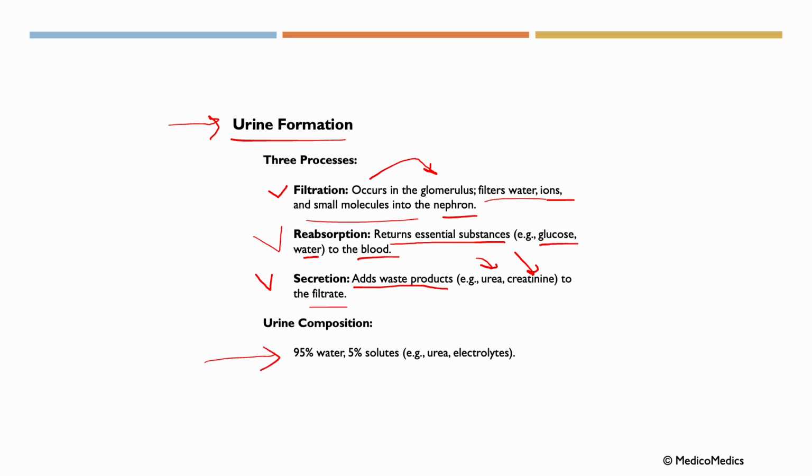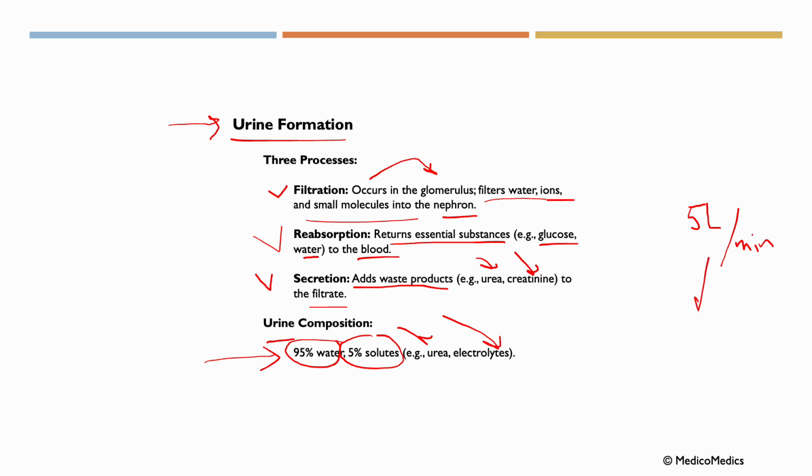What is the composition of urine? Well, it's about 95% water and 5% solutes, like urea and electrolytes. Now, if you remember from cardiology lessons, you'll learn that our cardiac output averages about 5 liters per minute.